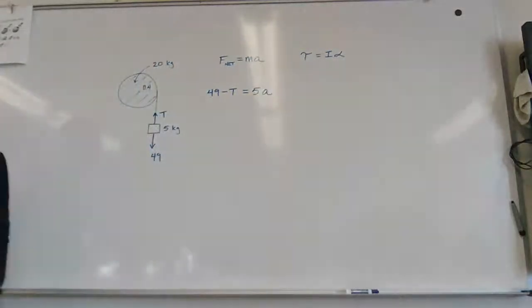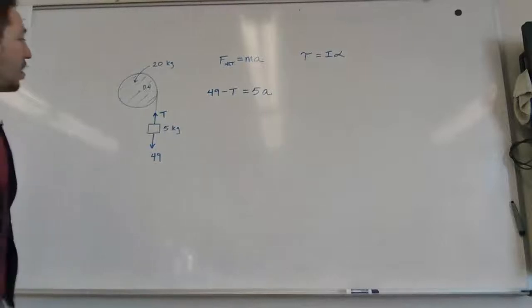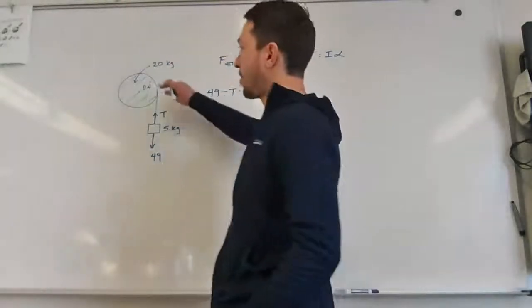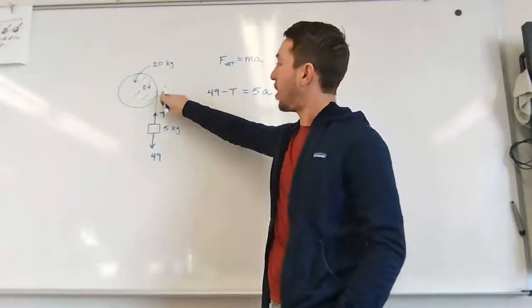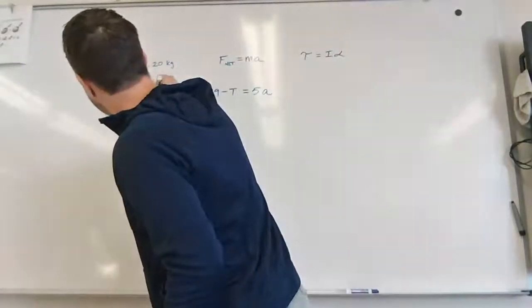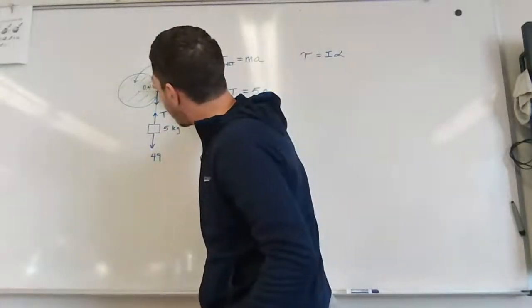All right, check your answer. Hope we all wrote that down. Now think about things from the wheel's perspective. You ask the wheel, what's going on? He's going to say, I'm experiencing a force right there, a tangential force.